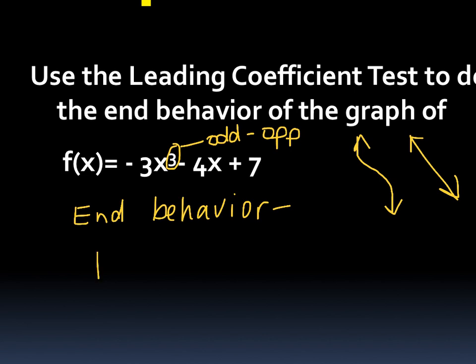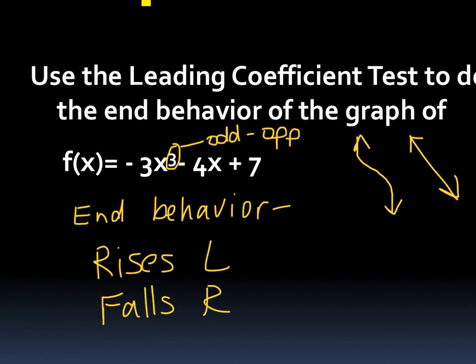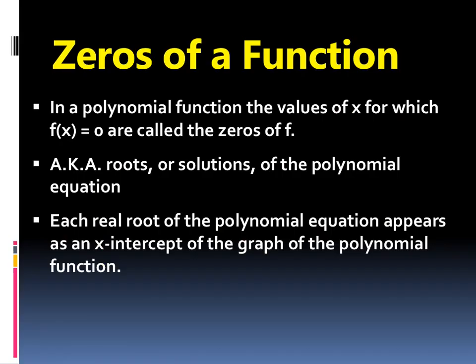So you would say it rises left, and then what's it doing on the other side? So you would say falls right. If you wrote falls right, rises left, doesn't matter. But just make sure you have the rising and falling in the correct direction. We like that question a lot better when it's an even number. It's real easy. It's either both rising or both falling.